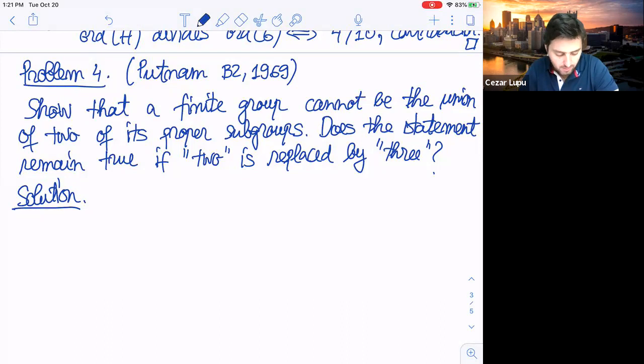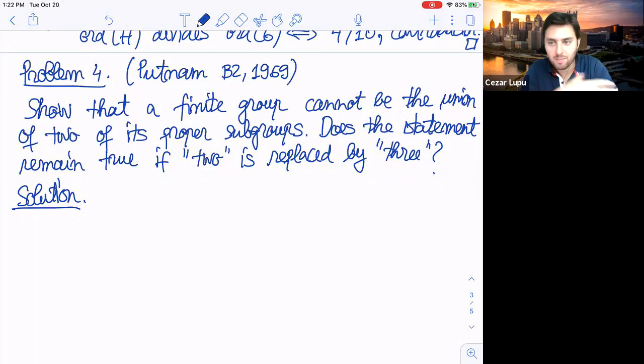Which one does, if you replace by 3? Always when you have statements like this, show that for 2 this holds, but what if we modify this? Does it still hold true? Or maybe it doesn't, you know?